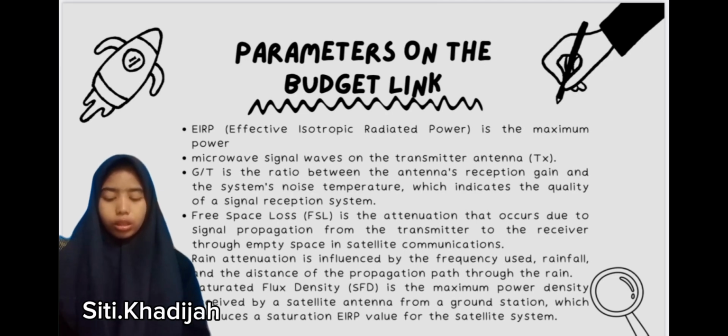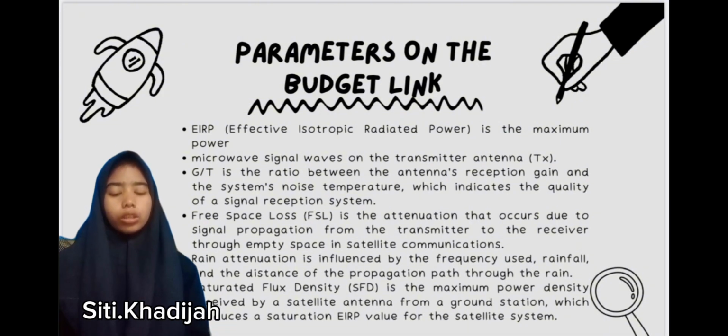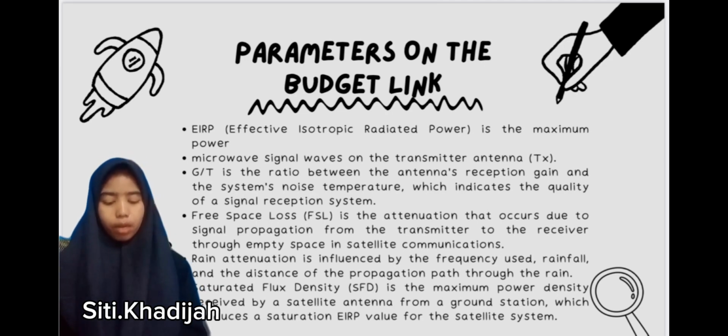Rain attenuation is influenced by the frequency used, rainfall, and the distance of the propagation path through the rain. 5. Saturation flux density is the maximum power density received by a satellite antenna from a ground station, which produces a saturation EIRP value for the satellite system.